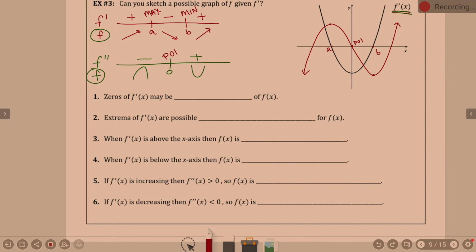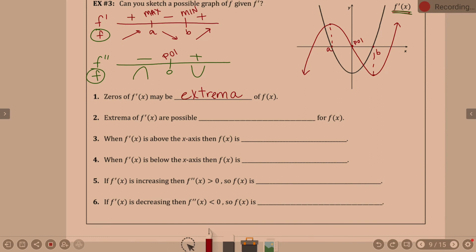Zeros of the derivative may be blank of the original function. What did these zeros turn out to be? Extrema. Mins or maxes. I'm going to write extrema. Extrema of the derivative are possible blank for the function.